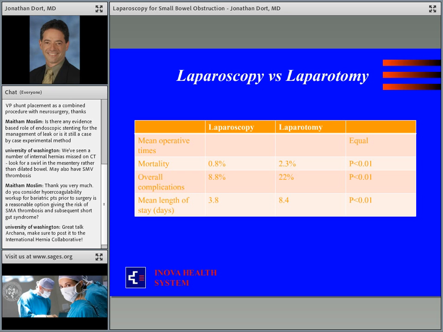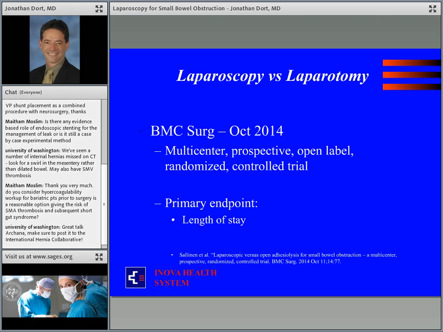Now, what you could certainly say about those studies is that they're both based on the NSQIP database, which is based on retrospective evaluations, and they certainly have some limitations. This was surgeon preference, so the patients who were not as sick, the patients who had both anatomic and physiologic elements which would lead to a better outcome could have been taken for the laparoscopic approach, where the sicker, higher risk patients more likely to have a poor outcome would have been taken for the open approach, and that definitely plays a bias into how that data has to be interpreted.